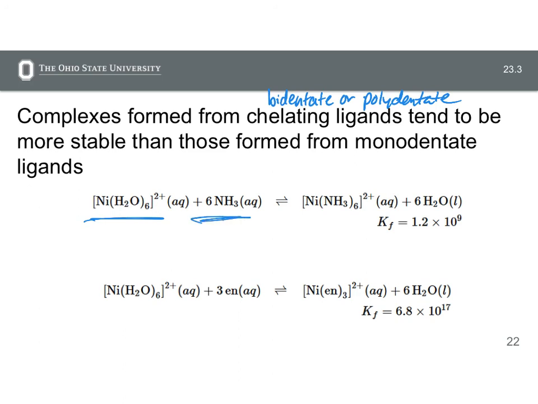If you add ammonia to that, you can actually replace the water with the ammonia and have a relatively good formation constant, 10 to the 9th. But you can also take that nickel water complex, add ethylene diamine, and replace all 6 water with ethylene diamine. And that has a huge formation constant, 10 to the 17.